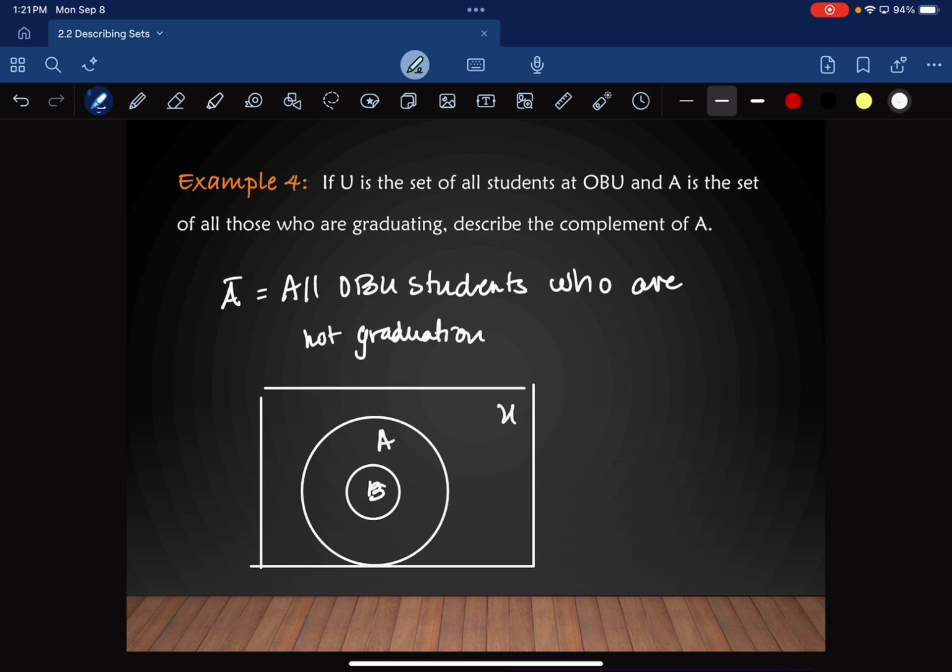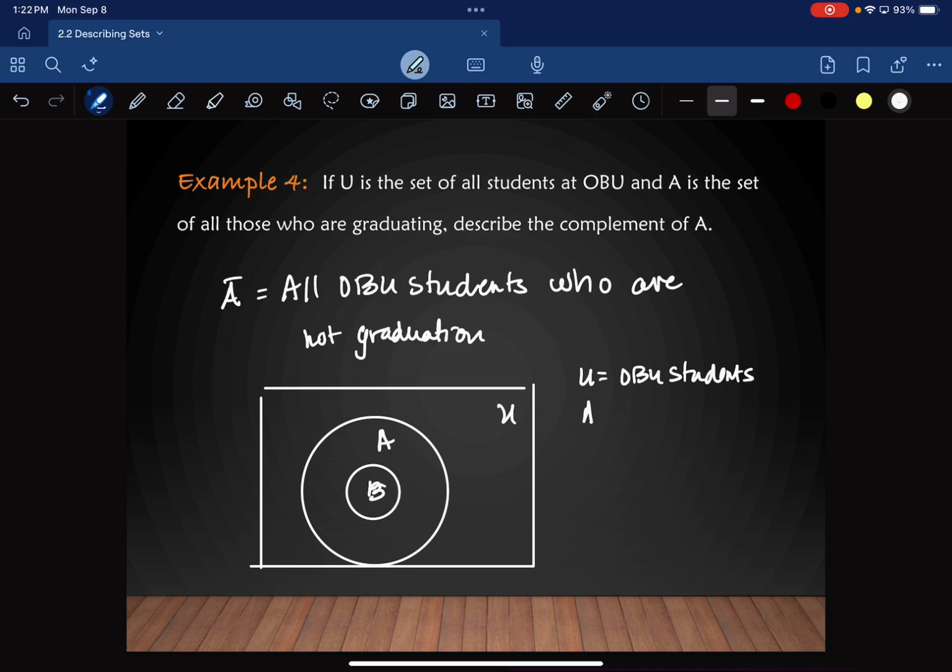So it's a way of categorizing something a little bit more specifically, right? Perhaps U is all the OBU students, and the set A is those who are graduating, but the set B is freshmen. I didn't say that very well. Scratch that completely. Let me write it down. Let's do our U as our universal set, all of our OBU students.